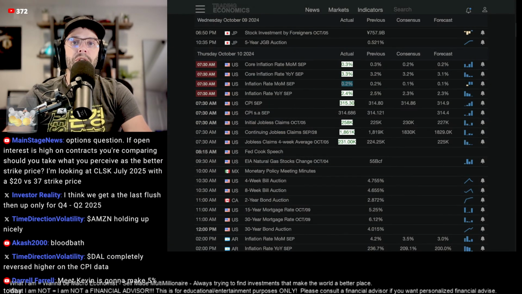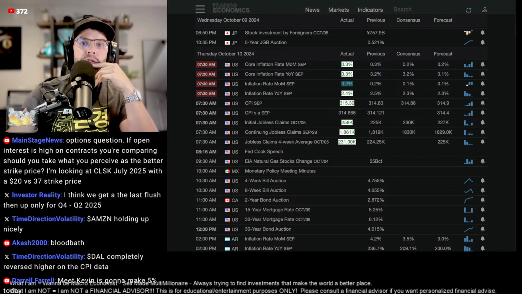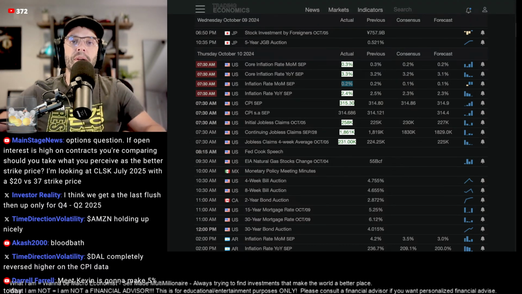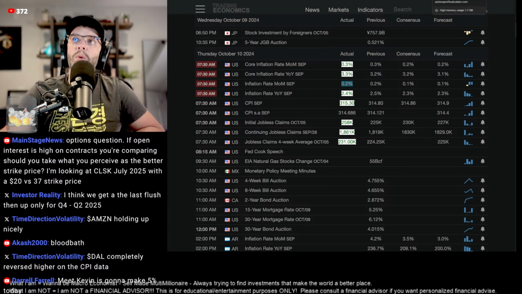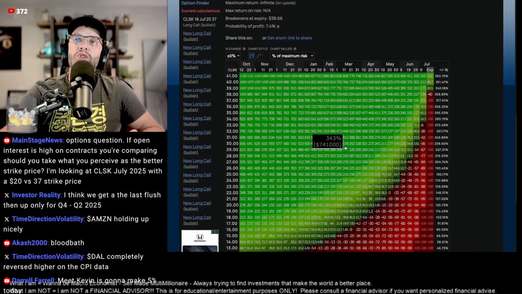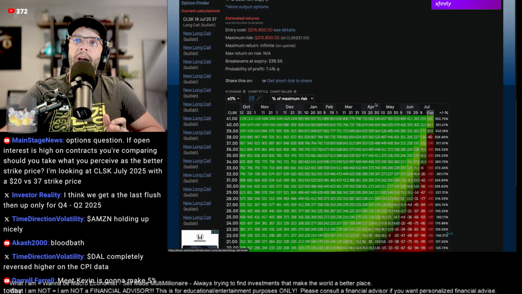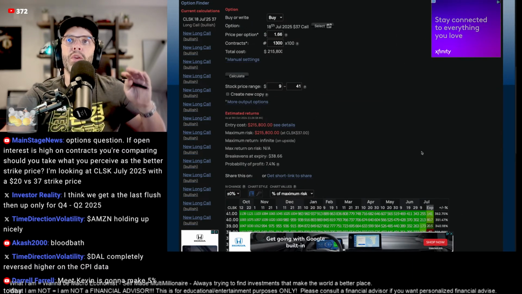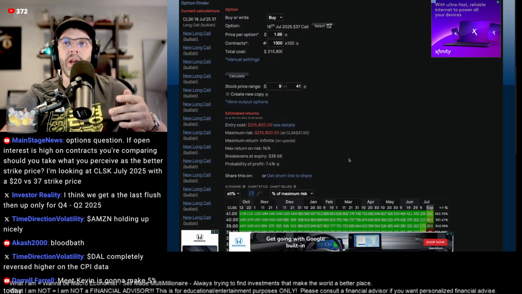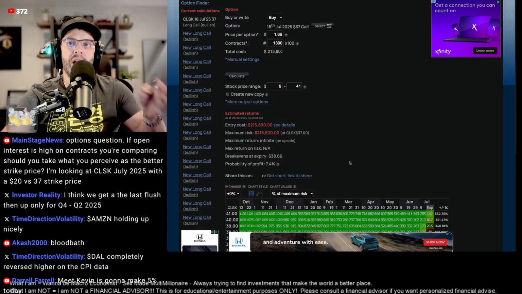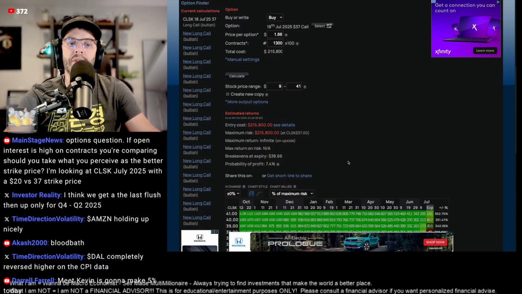Options questions. If open interest is high in contracts you're comparing, should you take what you perceive as the better strike price? I'm looking at CleanSpark July 20. So you can look with the options calculator, you can look and kind of see what the risk to reward is. I try to do that, and then I try and look at different price targets and then weigh that. I want to get as much time as I can get because time ends up saving your ass a lot of the time.